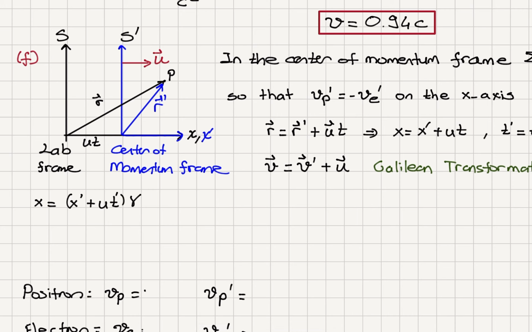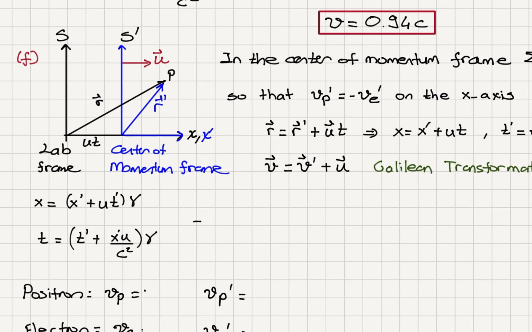And the time, instead of being equal to t prime, t is equal to t prime plus x prime u divided by c squared, multiplied with the relativistic correction factor gamma.